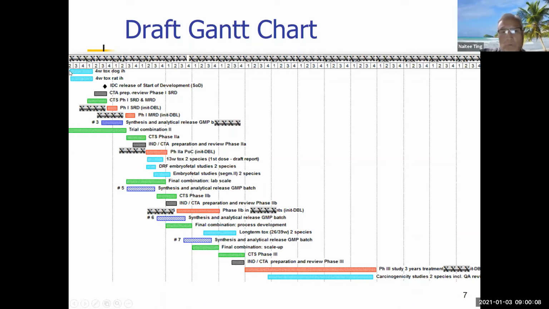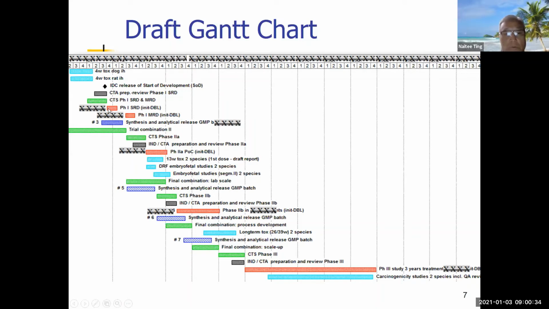So we look at the drug, and for this year we have to look at the toxicology studies. We'll make sure that the drug will have sufficient information to help us get into clinical development. Now, this is the time the drug gets into clinical.